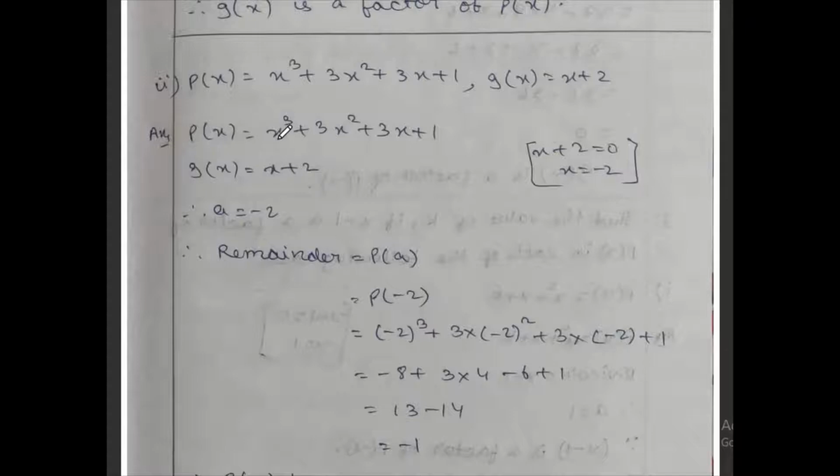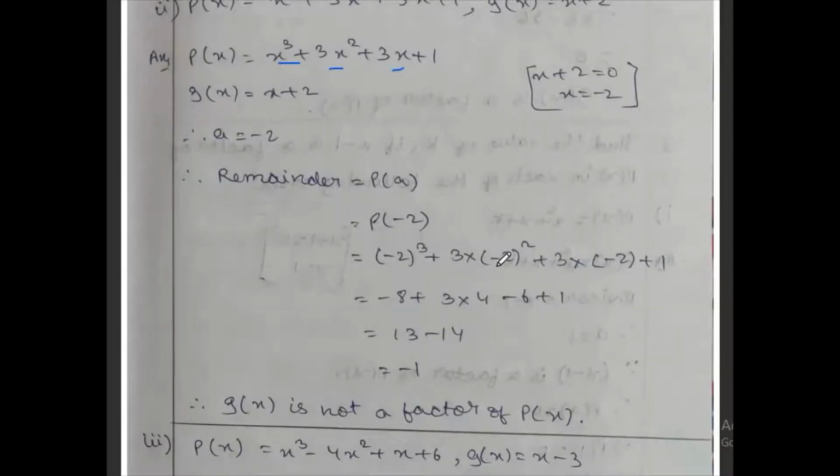In this polynomial, wherever x is there, you can put minus 2. So minus 2 to the power 3 plus 3 into minus 2 square plus 3 into minus 2 plus 1. First result is coming minus 8. Second, minus 2 square is plus, 2 square 4, 3 into 4 is 12. Plus 3 into minus 2 is minus 6, plus 1.